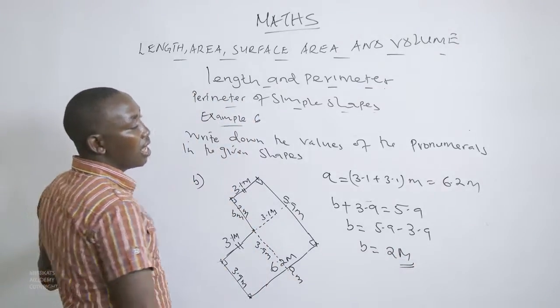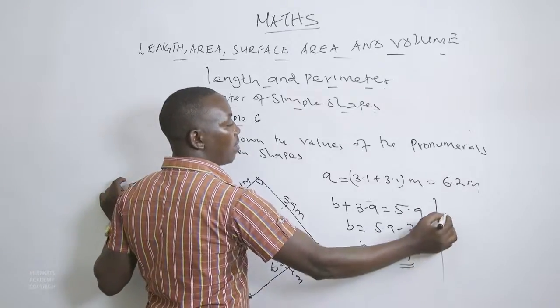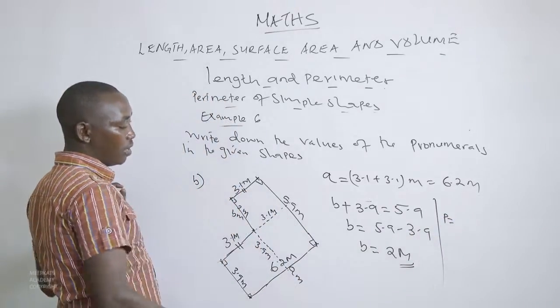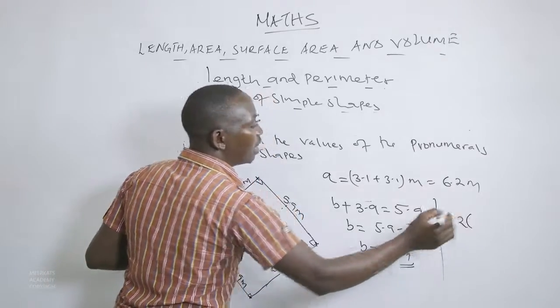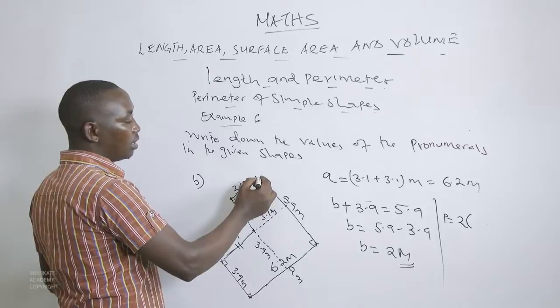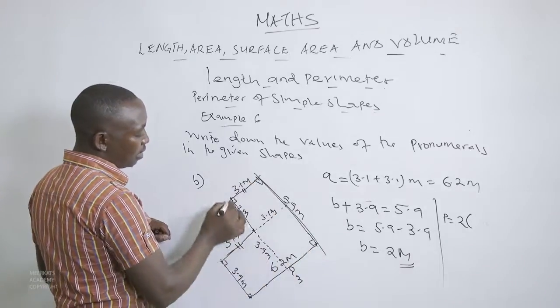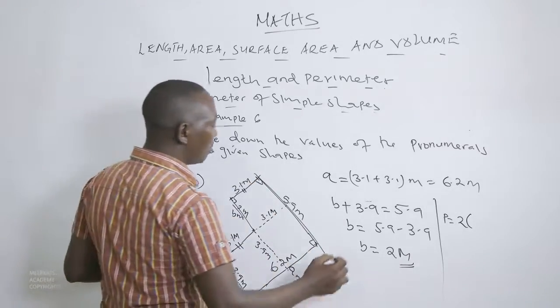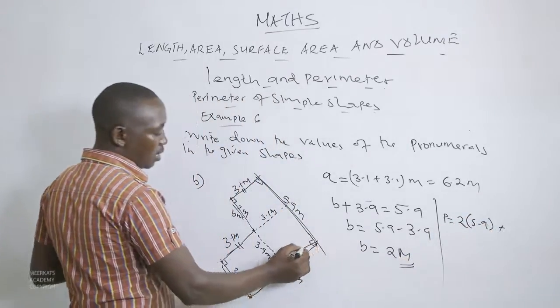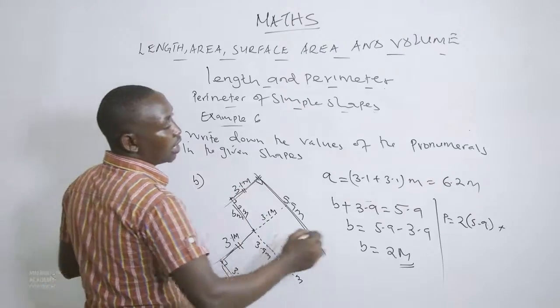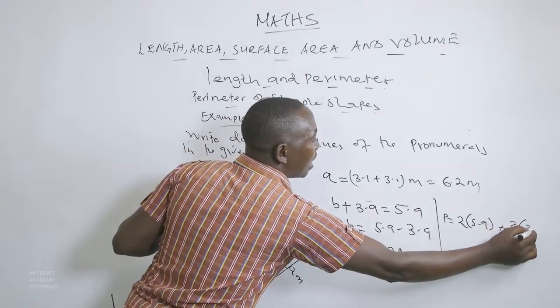So again, you can be asked to find the perimeter of the newly formed figure, which shall be equal to 2 multiplied by 5.9, plus the whole of this and this, which shall be twice multiplied by 3.1.